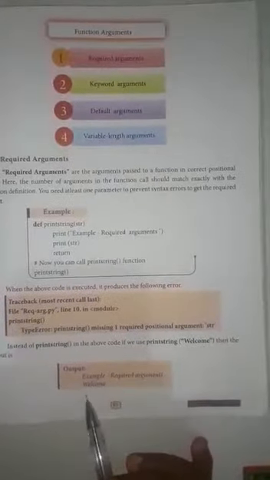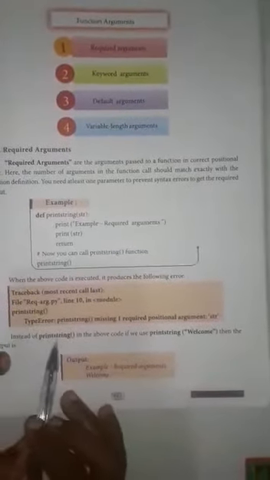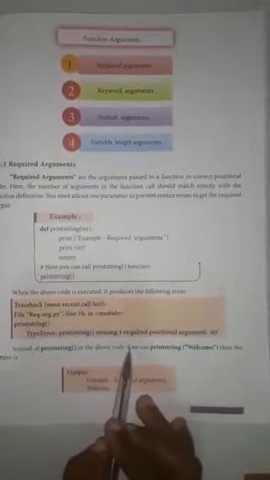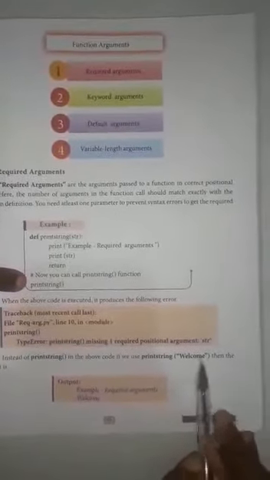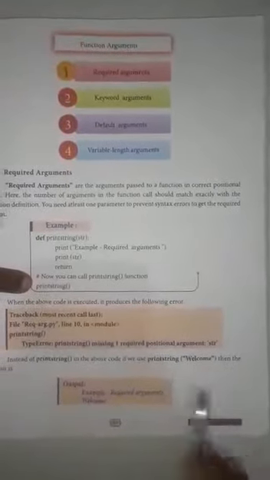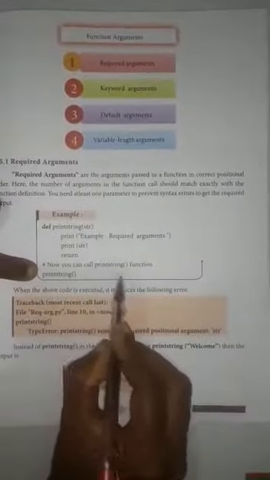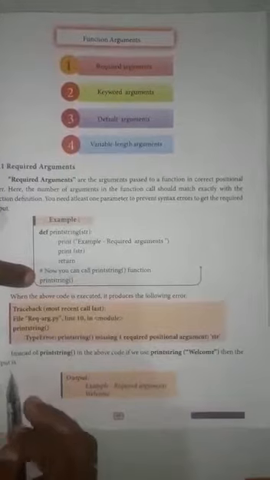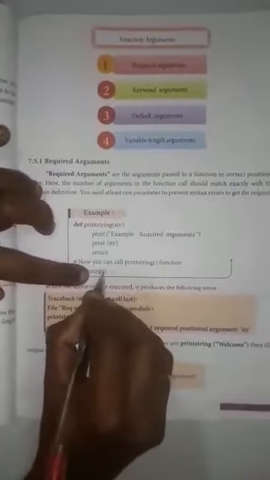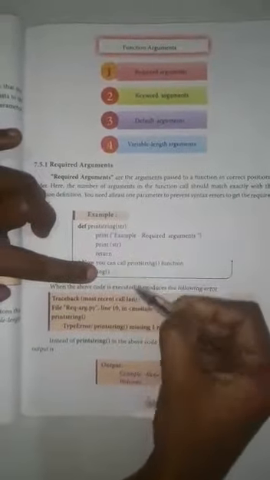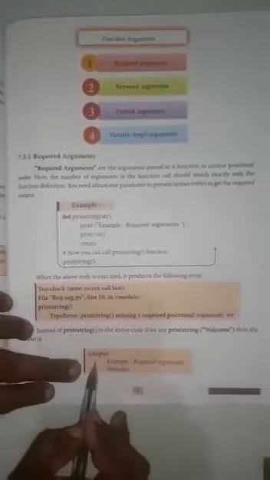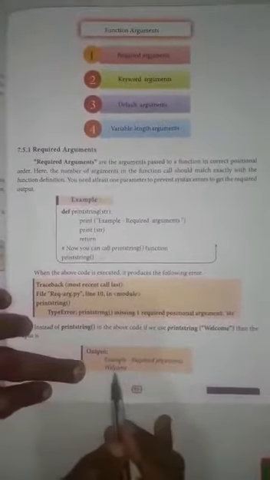Next, in the above code, instead of printstring(), we write printstring("welcome"), with welcome within brackets. Welcome is one parameter and str is one parameter, so the parameters match. Then the output is: Example required argument, welcome.